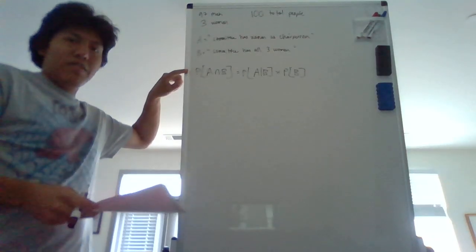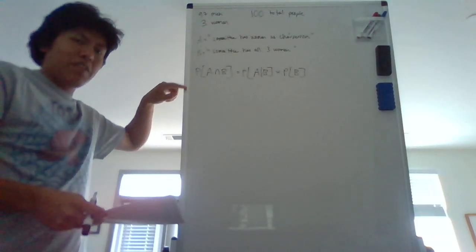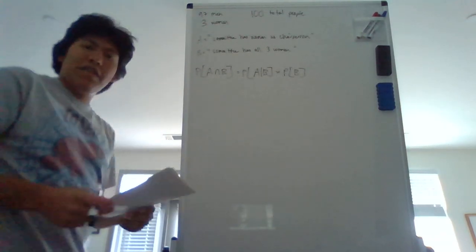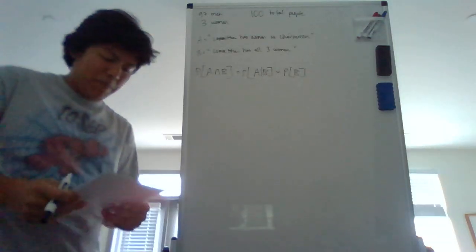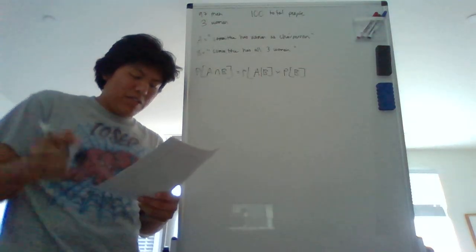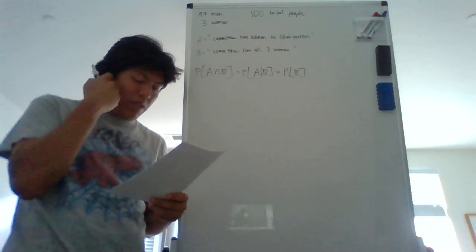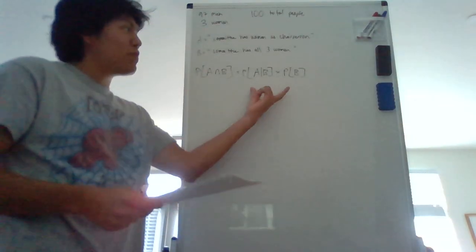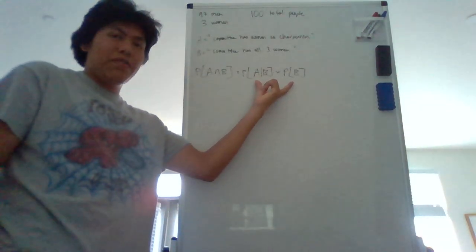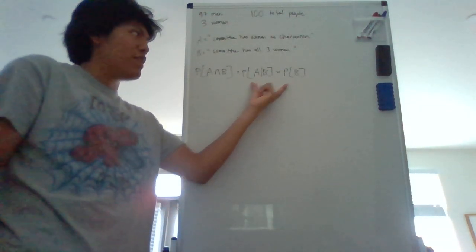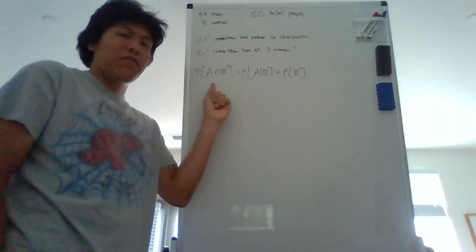So we'll be using this formula. This is just from like a chapter ago. Okay. So now what we have to do, we have to find these probabilities in order to find this one that we're looking for, right?